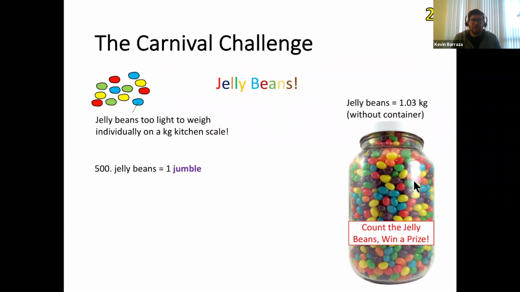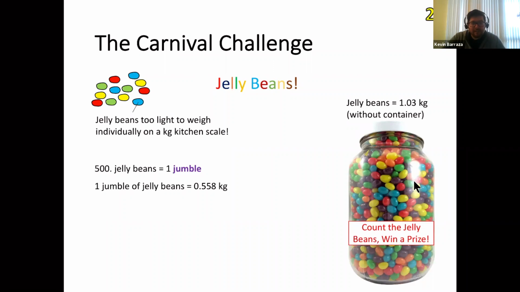So perhaps we decide to group our jelly beans into a group, and let's give it a name. A group of jelly beans is called, I don't know, I made this up, a jumble. So 5 jelly beans is one jumble. And then I can say, if I put a jumble of jelly beans onto a kitchen scale, they come out to 0.558 kilograms.